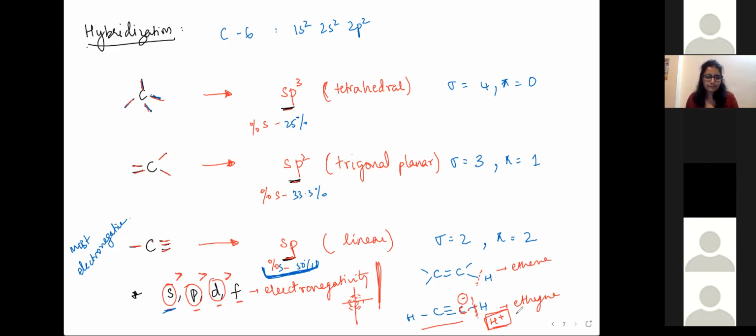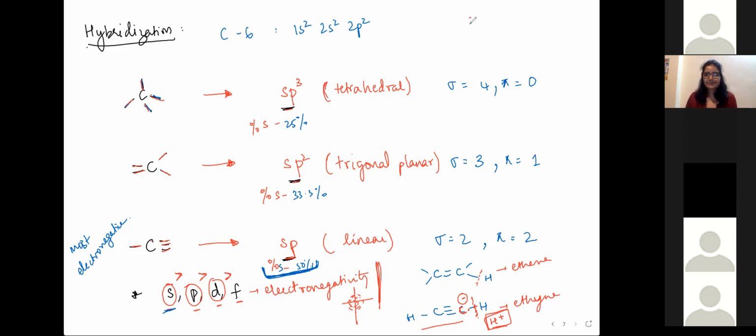Yeah, Rishad? The ones that release hydrogen. Can you think of other compounds that tend to do this? The ones that give out H+? Acids.